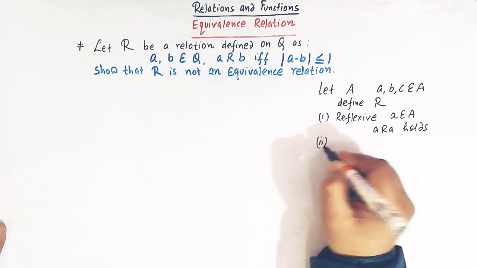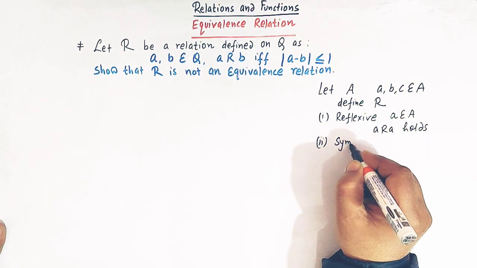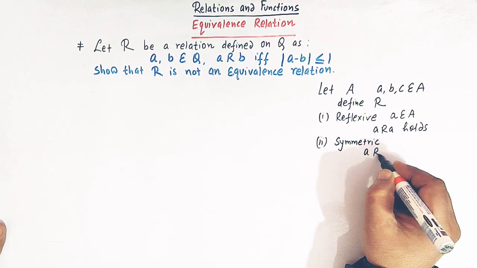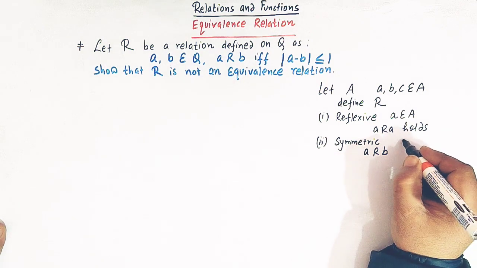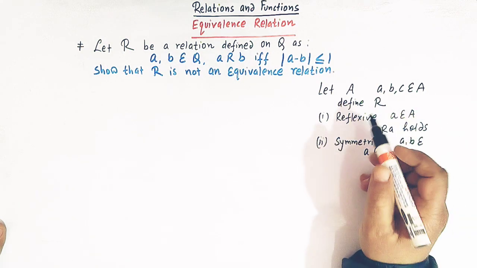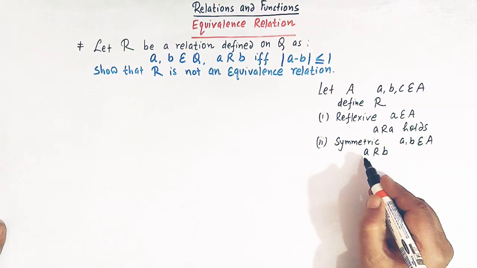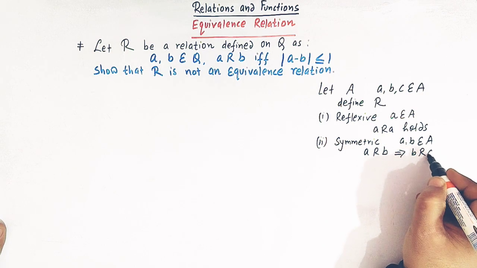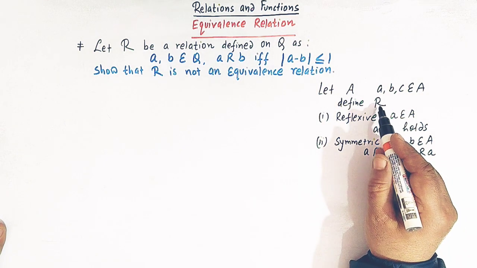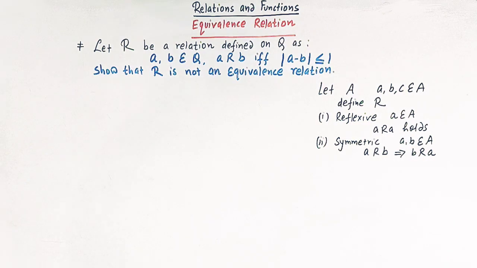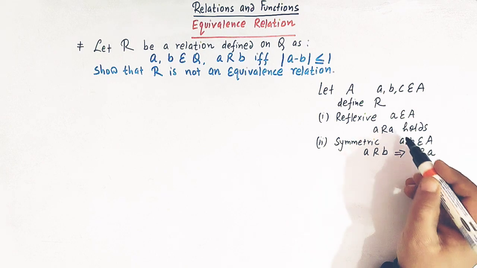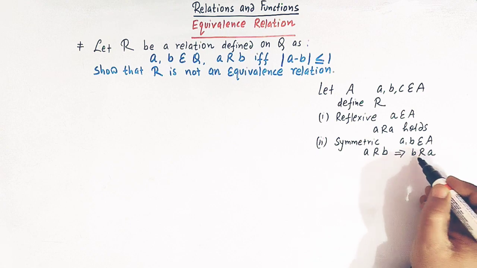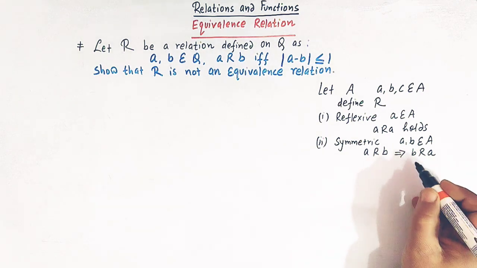Now, this relation R is said to be symmetric if, for two elements a and b belonging to the set A, a related to b implies b related to a. So for R to be symmetric, if a is related to b, then b related to a must hold.